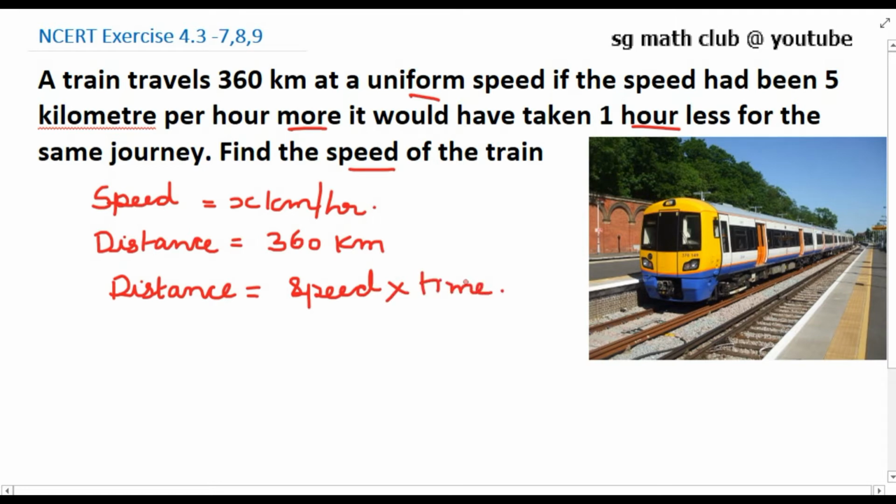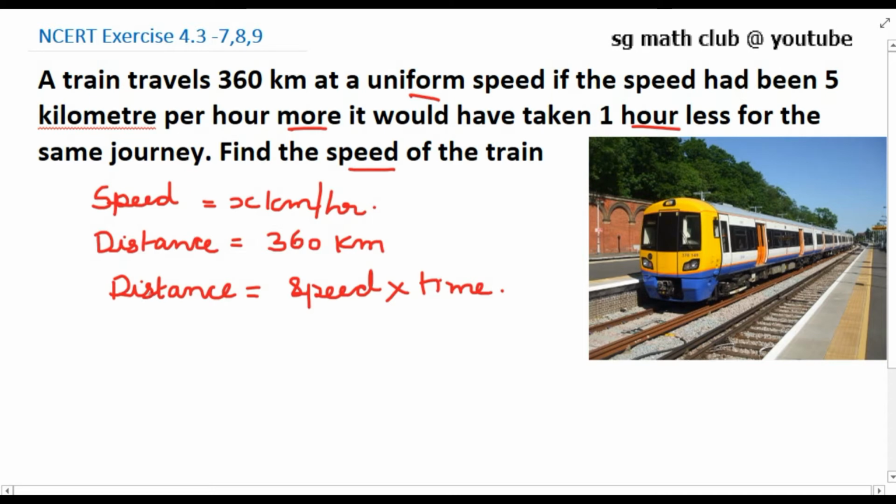Now we will frame the quadratic equation. A train travels 360 km at a uniform speed. If the speed had been 5 km per hour more, it would have taken 1 hour less for the journey.